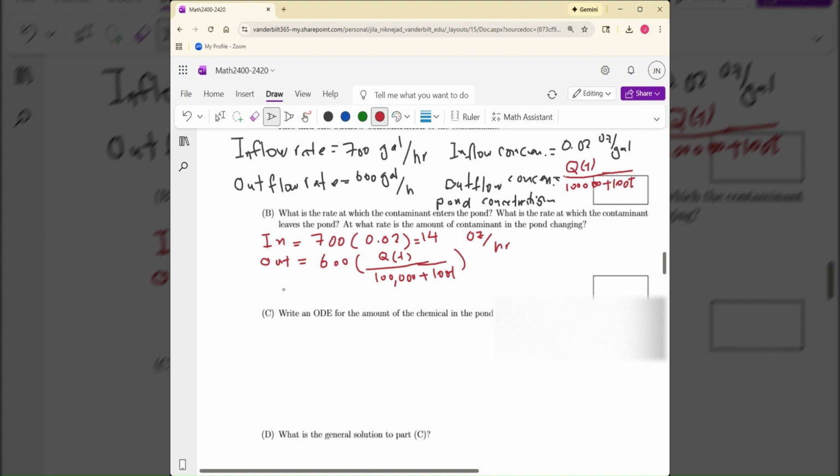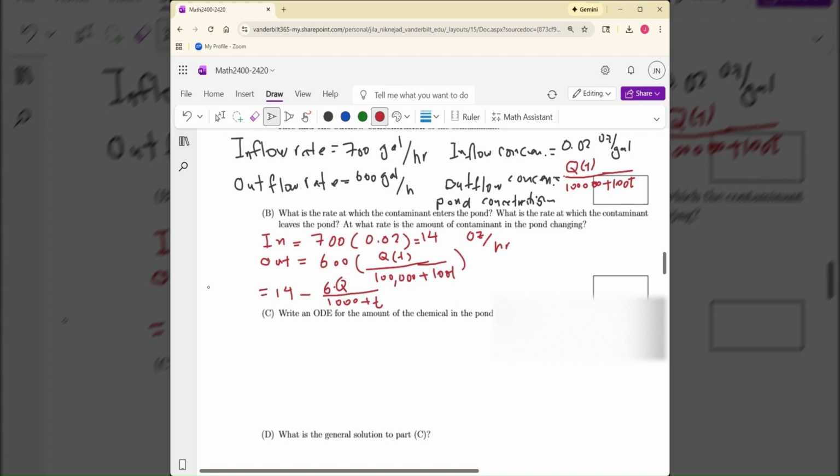And so the difference is going to be what remains in the pond. So this is 14 minus 6, let's simplify this a little bit. There's 600, and I can factor out 100 from the denominator, and I get 1,000 plus t.